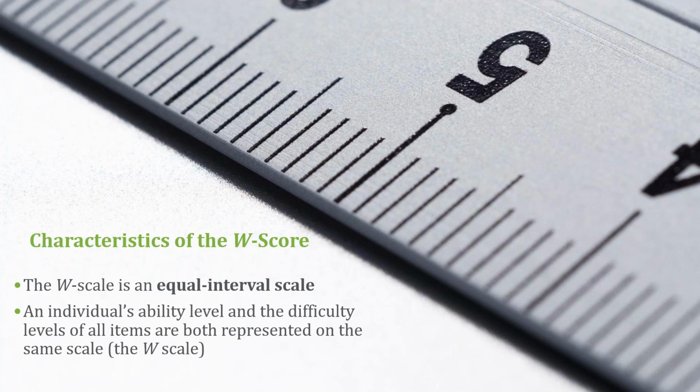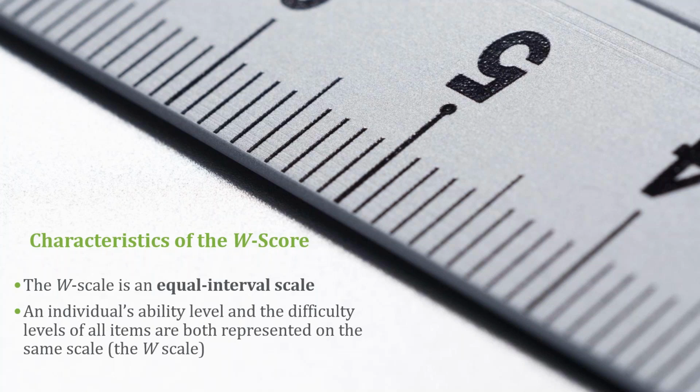One of the more familiar examples of an equal interval scale is a ruler. An interval of 3 inches represents the same distance and length between 1 and 4 inches as it does between 37 and 40 inches. So equal interval scales are generally considered the most appropriate scales for statistical calculations.